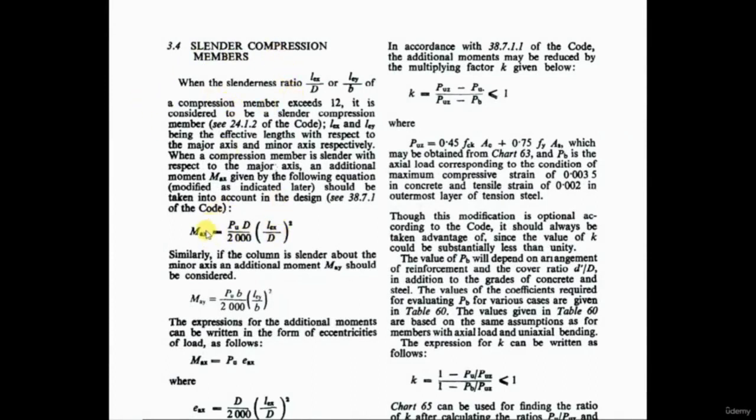Here the additional moments are given for slender columns. When the compression member is slender with respect to the major axis, an additional moment Max given by the following equation should be considered. So this has to be taken. According to the axis of the column, major axis and minor axis, we need to consider this additional moment.